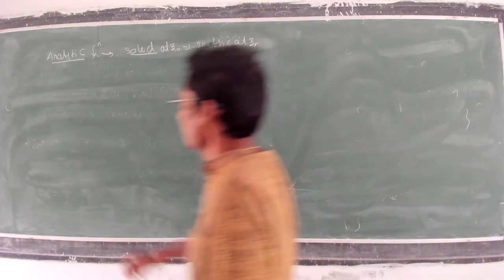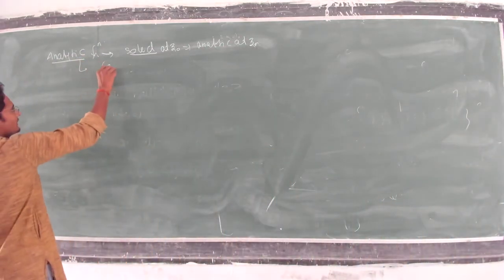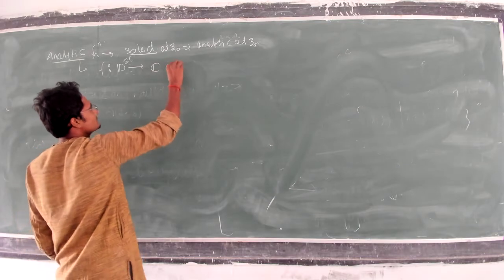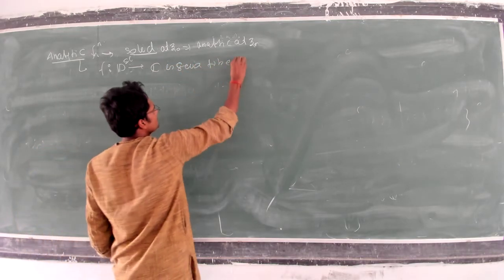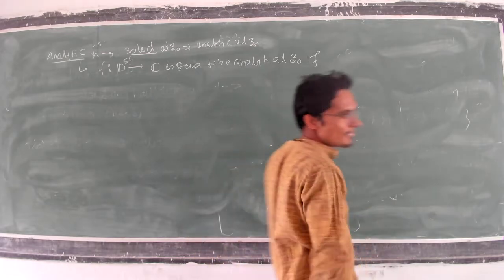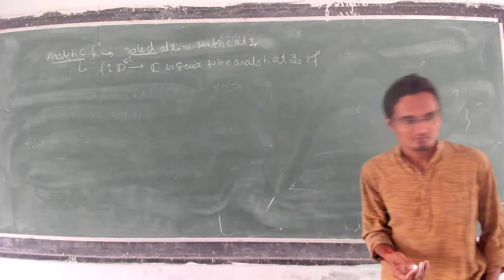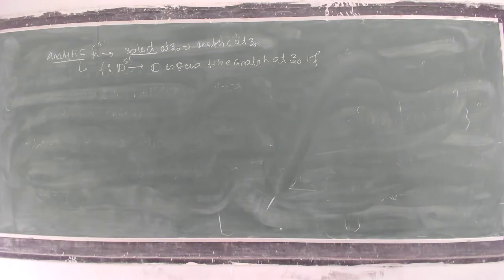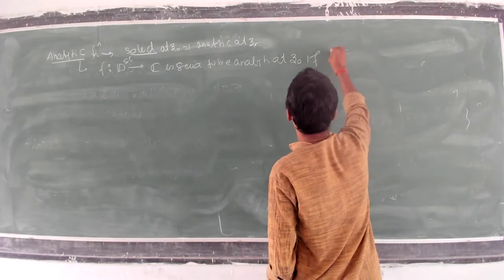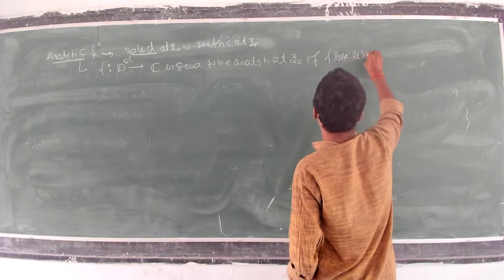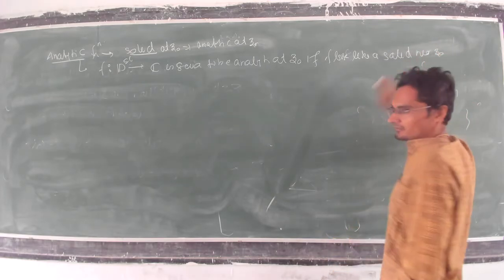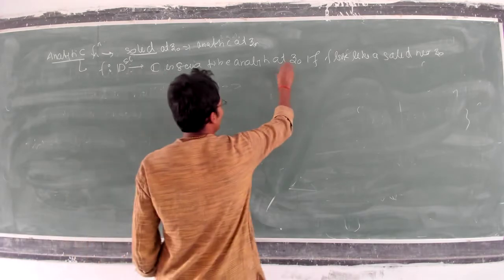So what is the mathematical definition? Let f be defined from a subset of complex numbers to the complex numbers. It is said to be analytic at z naught if f looks like a solid near z naught, or analytic at z naught.